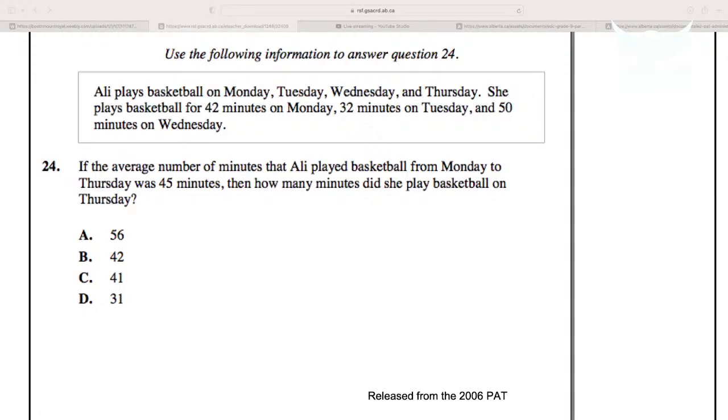Okay, next question. Ali plays basketball on Mondays, Tuesdays, Wednesdays, and Thursdays, so 4 days a week. She plays basketball for 42 minutes on Monday, 32 minutes on Tuesday, and 50 minutes on Wednesday. If the average number of minutes that Ali played basketball from Monday to Thursday was 45 minutes, then how many minutes did she play basketball on Thursday?